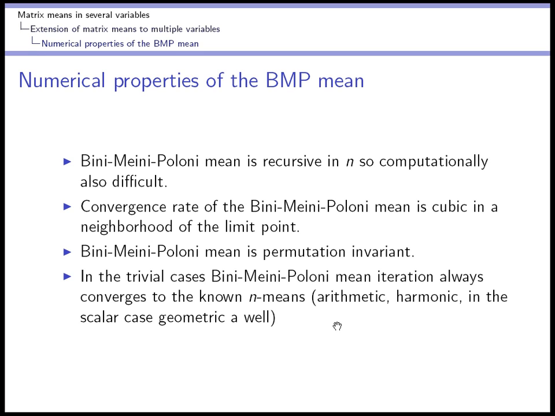Therefore, at the first iterational step, we already have convergence, because we get back the Riemann centroid. So that's it, and we don't have to care about the other iterational steps. So it's not quite interesting in that case. Although in the case of the geometric mean for scalars, this again goes to the geometric mean at the first iteration step.